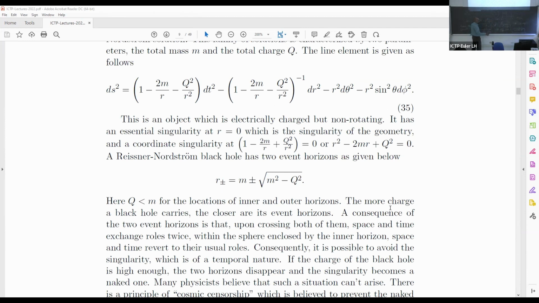These are usually not discussed in the basic lectures, but they are called the extremal situations, or, if we want to give them a physical interpretation, extremal black holes.